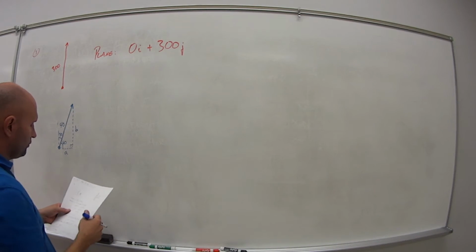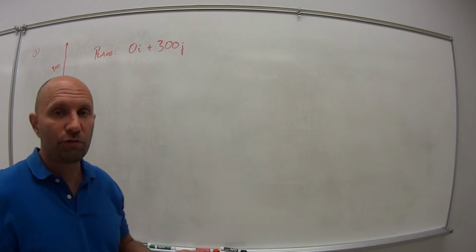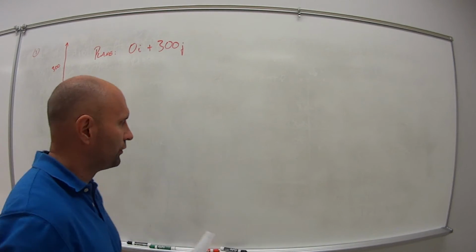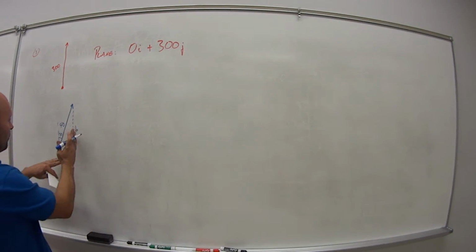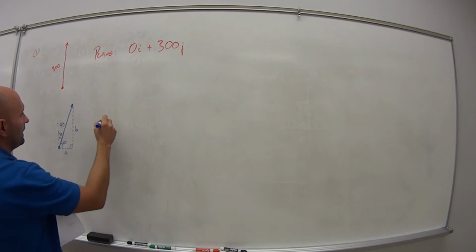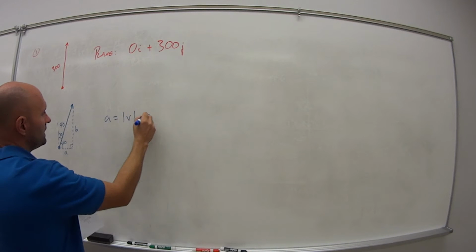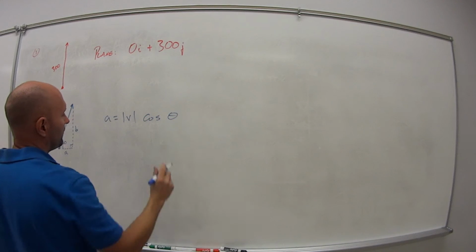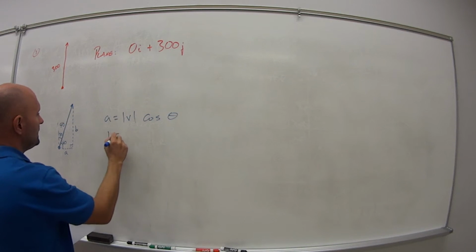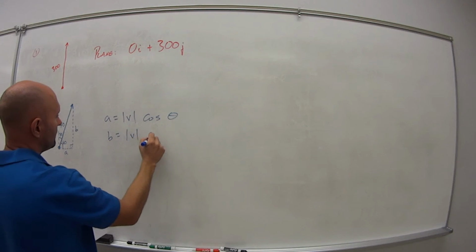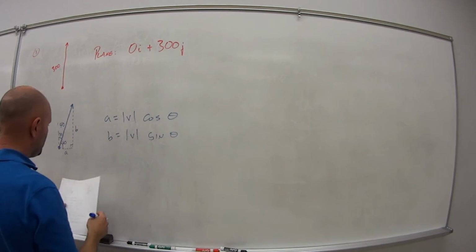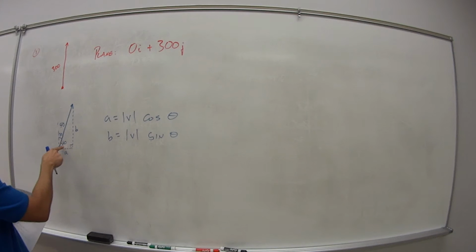So if we use, from video 3, our horizontal and our vertical components, if we don't have this triangle here, we have what? A is the magnitude of V cosine of theta. And B is the magnitude of V sine of theta. So my angle inside of here is 60 degrees inside the triangle.